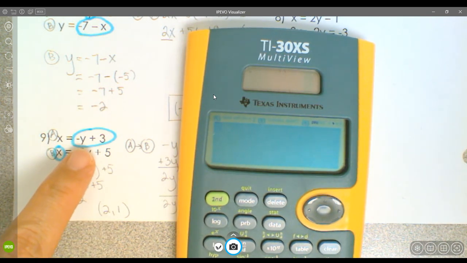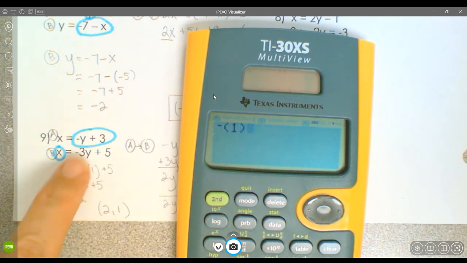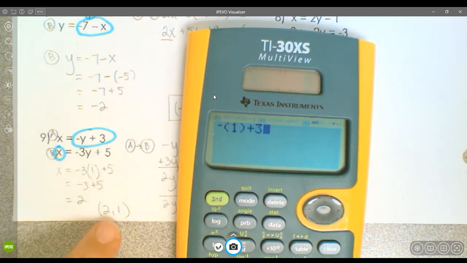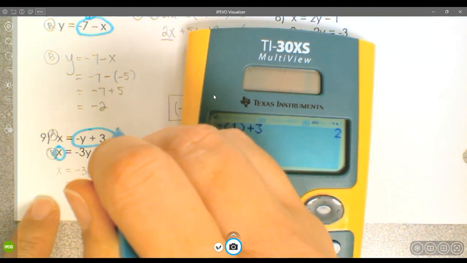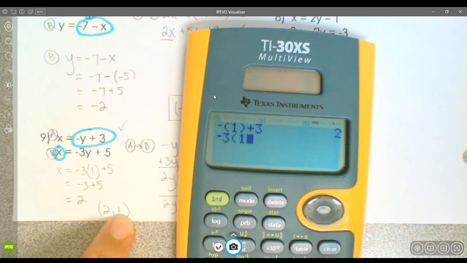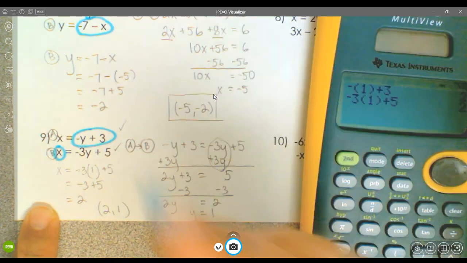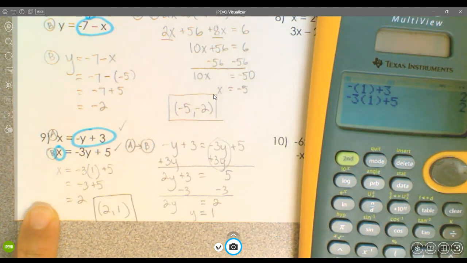So when I take the negative of y of 1 plus 3, do I get 2? I do. And when I take -3 times my y coordinate of 1 and I add 5, do I get 2? I do. So guess what? That is my right answer.